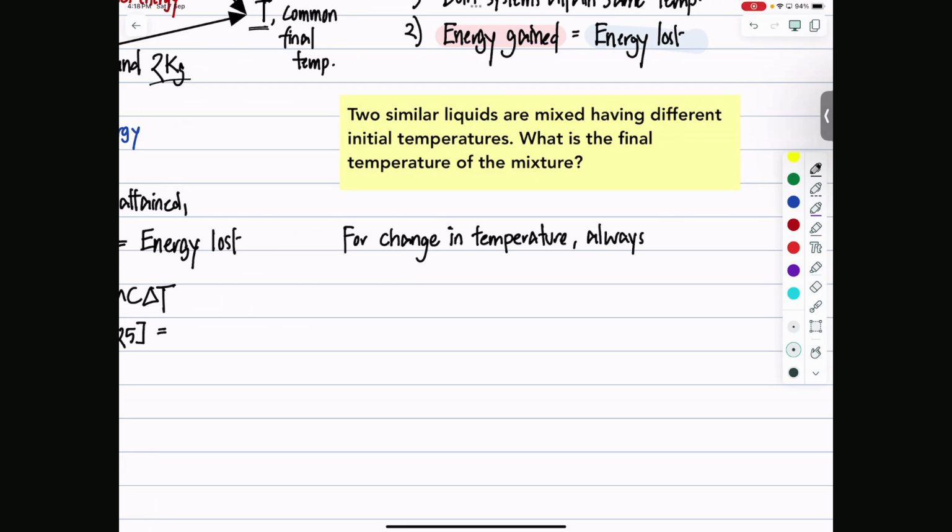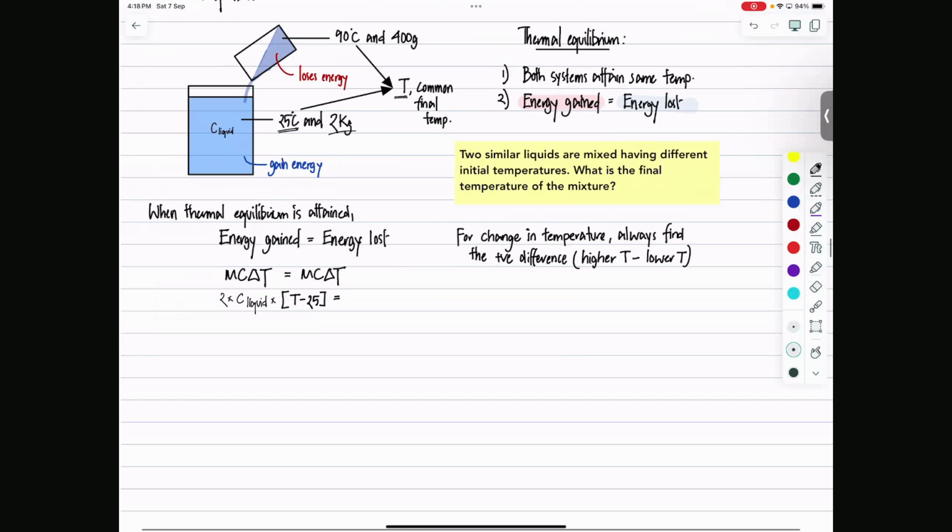Always find the positive difference: higher T minus lower T. Right, so that is that.